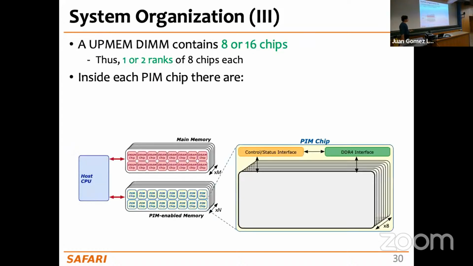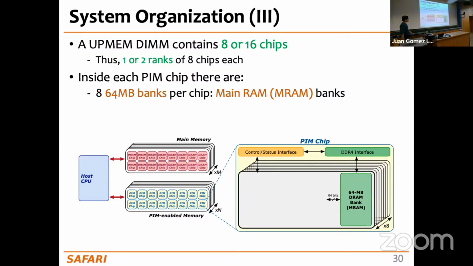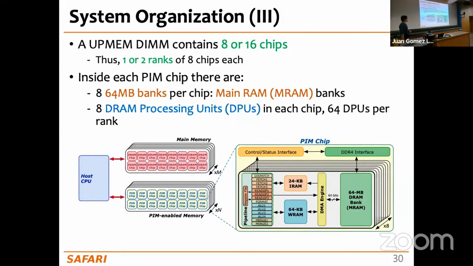We can take a closer look at the UPMEM DIMMs. We have 16 chips in the newer generation, and inside each of the chips, we have 8 64 megabyte DRAM banks that are called MRAM banks in this architecture, but they are DRAM. And near each of the banks, we have one DPU. So in total, we have 8 DPUs.